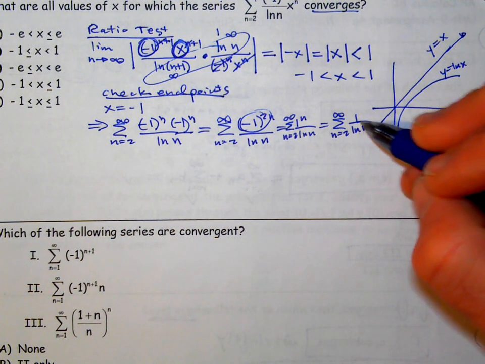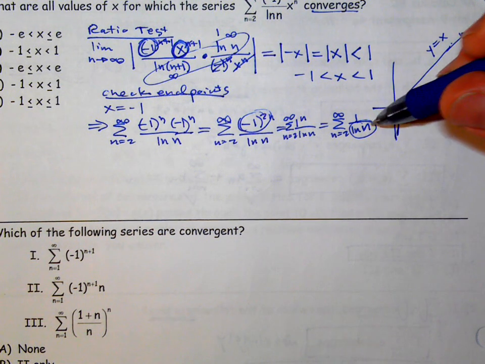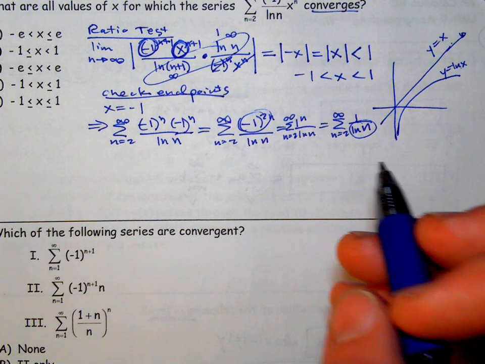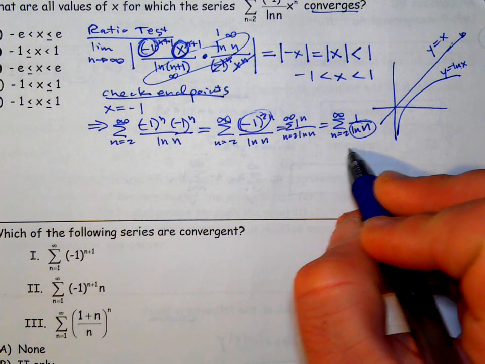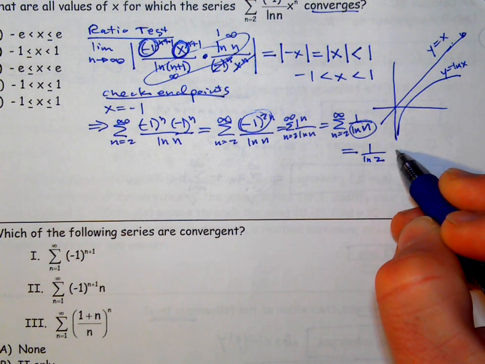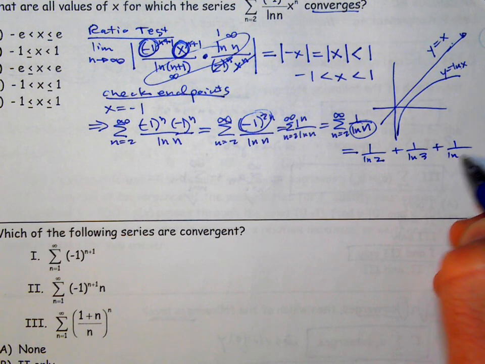Now I'm really just focusing on the denominator. If I can show that this guy is smaller than these terms in the denominator, that makes these terms bigger than this one, because we're dividing by a smaller number, which gives you a bigger result. If you were to write this in open form, it'd be 1 over natural log of 2 plus 1 over natural log of 3 plus 1 over natural log of 4.